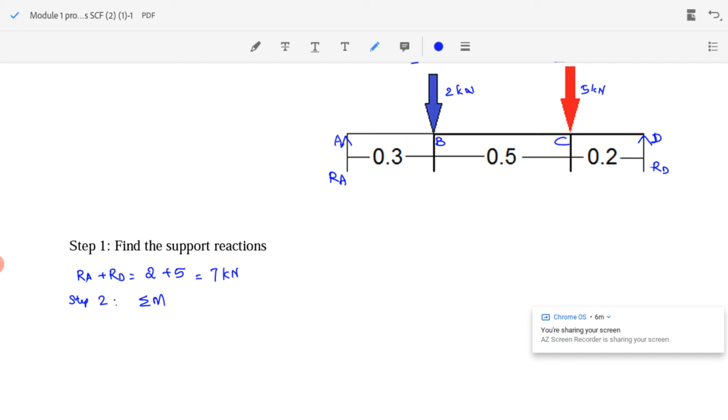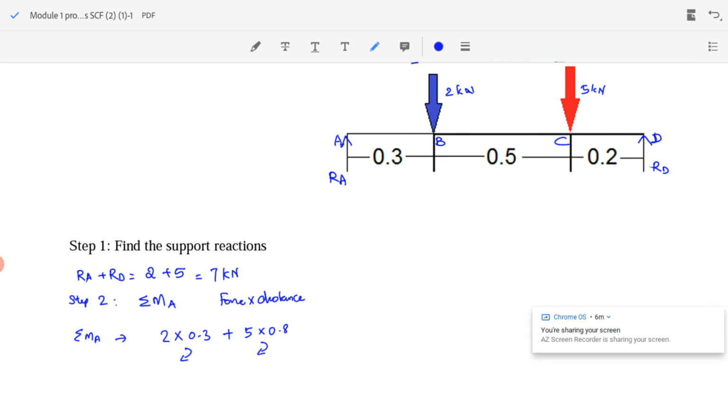I am taking the moment about point A. So moment equal to force multiplied by distance. Sigma MA will give 2 kN multiplied by 0.3, which is a clockwise moment. Further, 5 kN multiplied by 0.8, it is also clockwise.